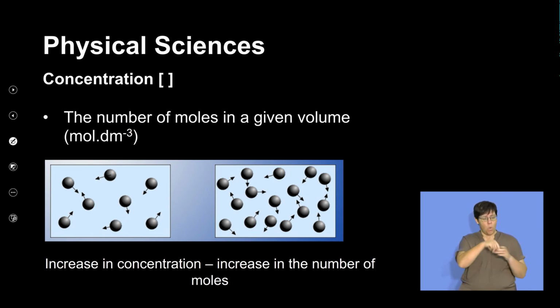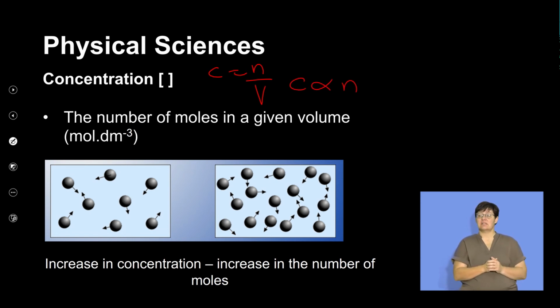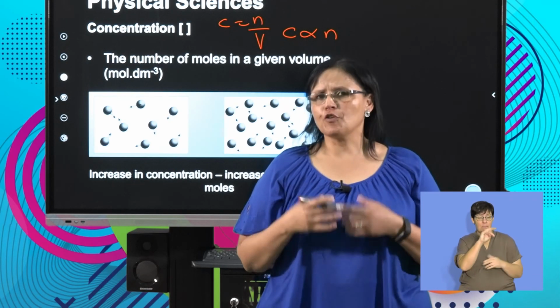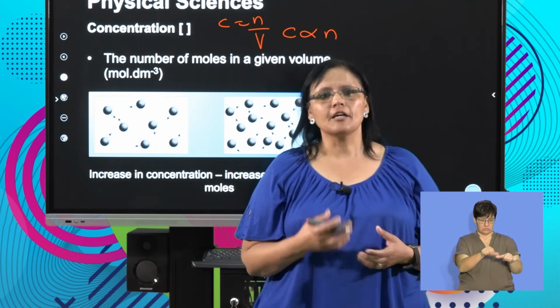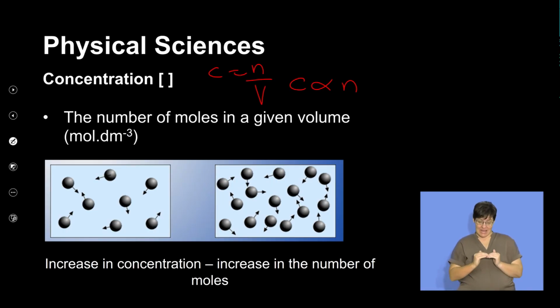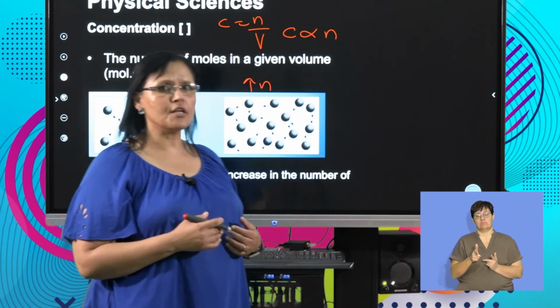Firstly, I want to remind you that according to C = n/V, as I said last time, the concentration is directly proportional to the number of moles. So the concentration is your number of moles in a given volume. If the volume is kept constant and the concentration is increased, then you have a higher number of moles compared to before. So an increase of concentration leads to an increase in the number of moles.